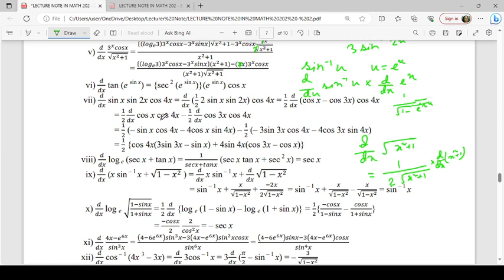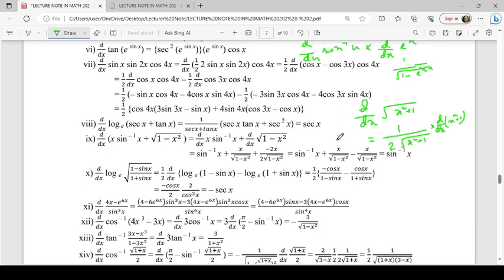So it is cos x, cos 4x, cos thrice x, cos 4x. These are product functions, and I can do it like this. Then sec x plus tan x, then x sin inverse x plus root over 1 minus x square. So x sin inverse x is a product function.